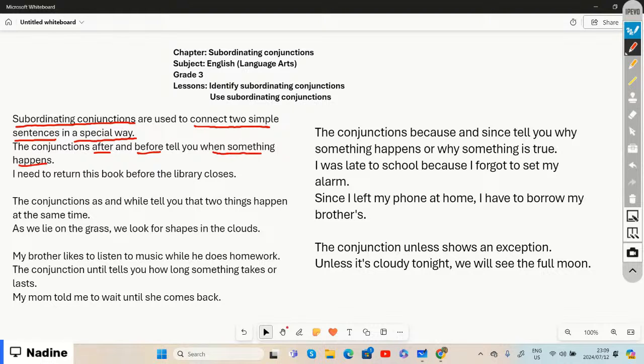It either happens after something or before. An example is: I need to return this book before the library closes. So before is our subordinating conjunction.